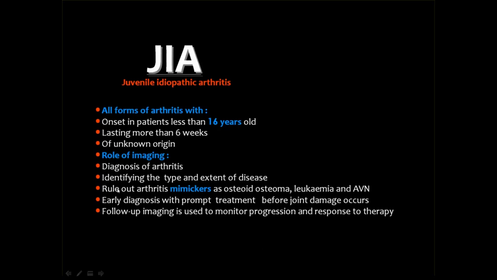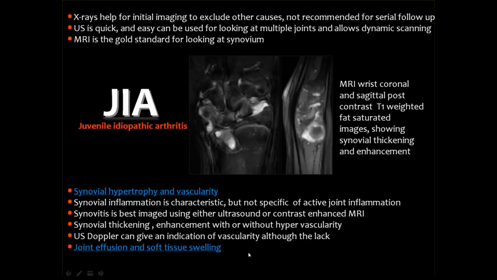Then it is to exclude arthritis mimickers such as osteoid osteoma causing pain, leukemia, and avascular necrosis. Early diagnosis is important because if you initiate treatment before joint damage, this will help to maintain the joint function and prevent its damage.